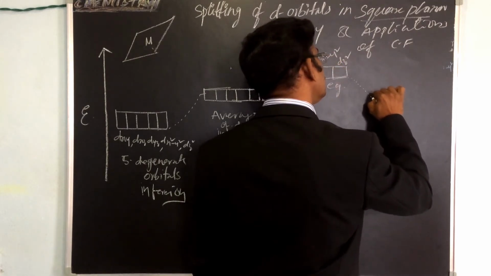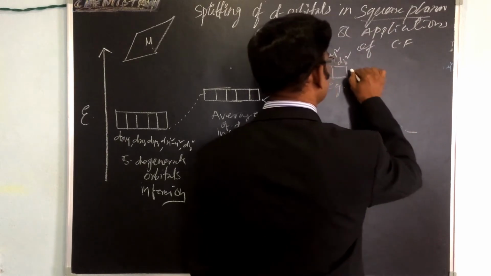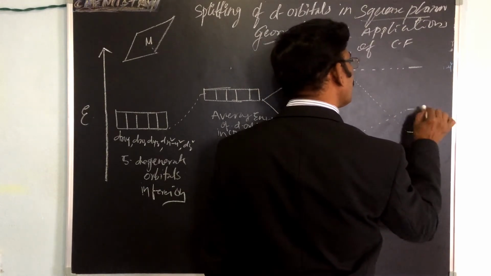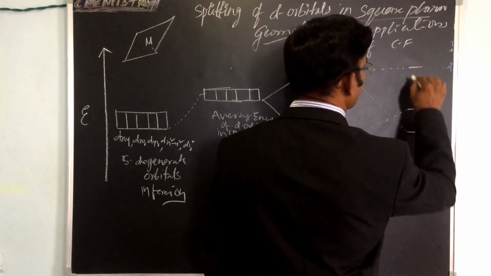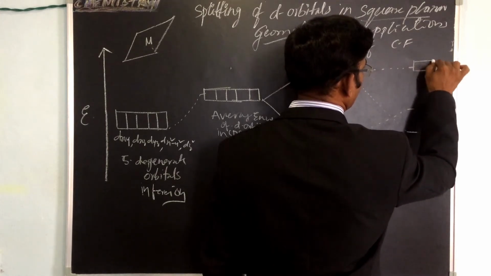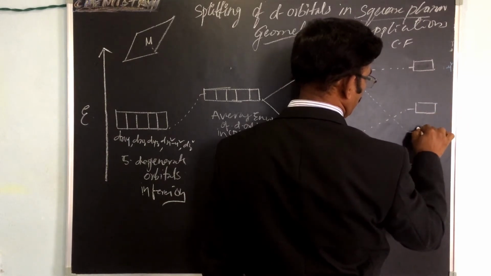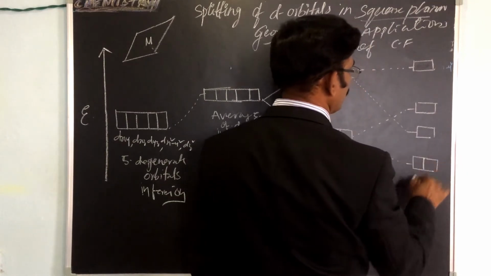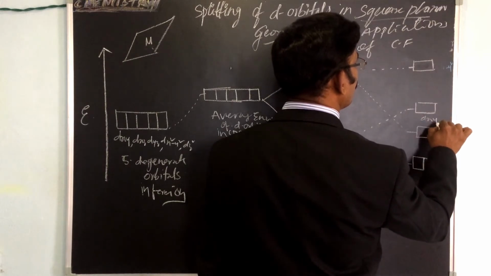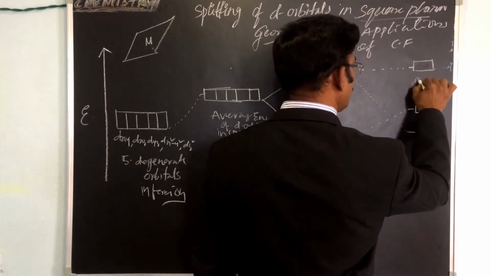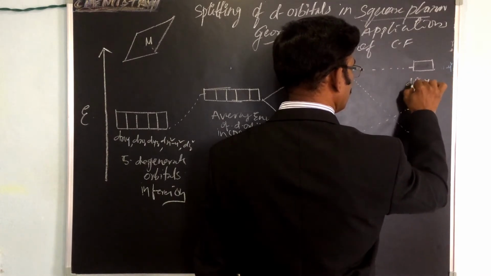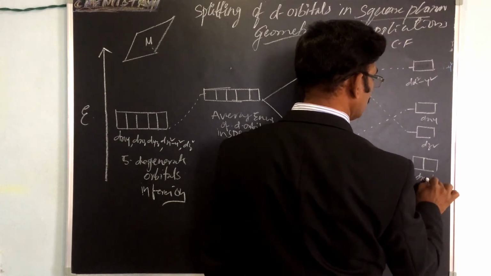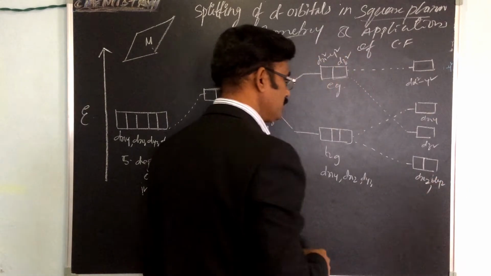Here again splitting takes place. So this is dxy, dz square, dx square minus y square, and dxz and dyz.